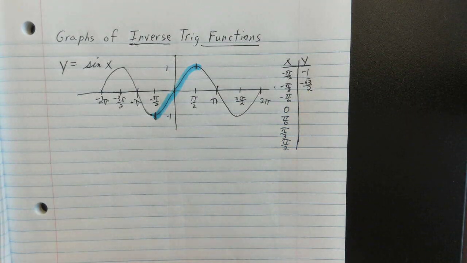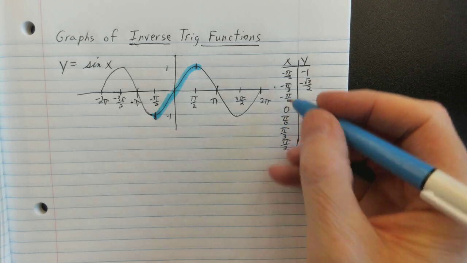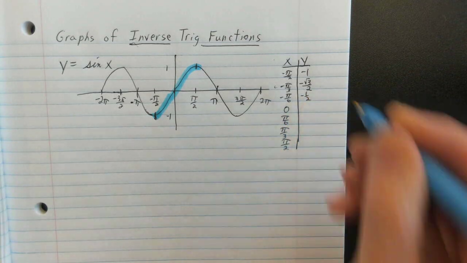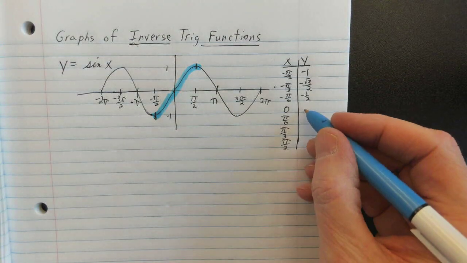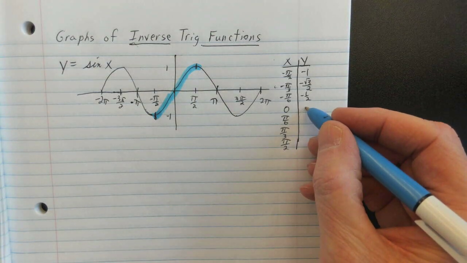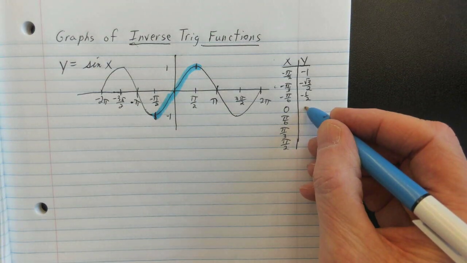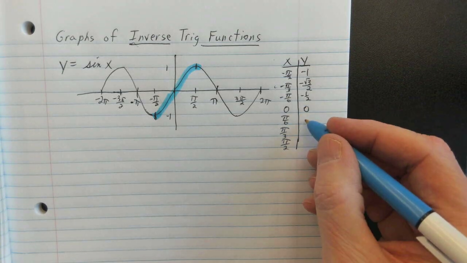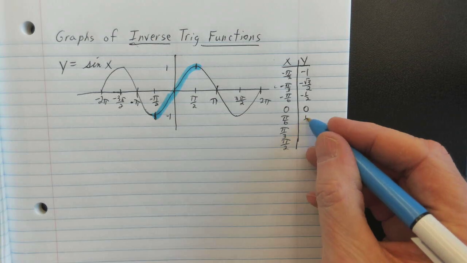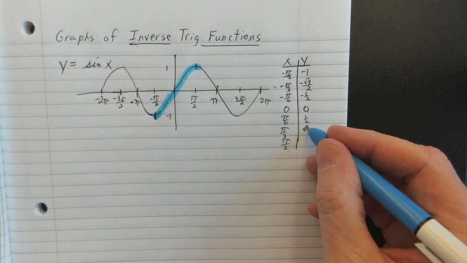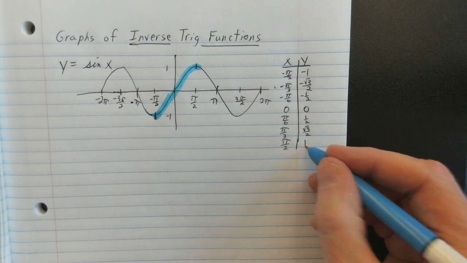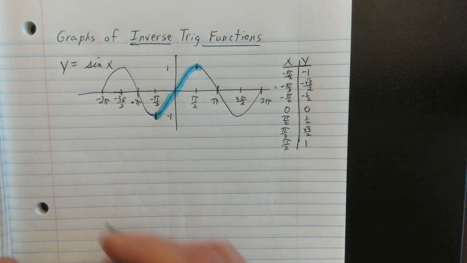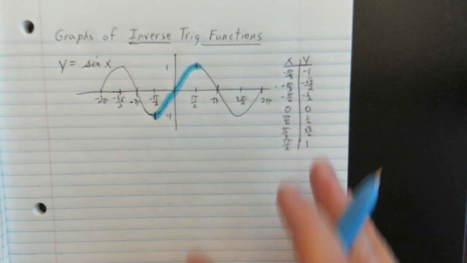Negative radical 3 over 2. Check me on that. Negative pi over 6. Sine's negative 1/2. What's sine of 0? Okay, and then I think we go opposites here. 1/2, square root of 3 over 2, and 1. All right, okay, this is sine of x.